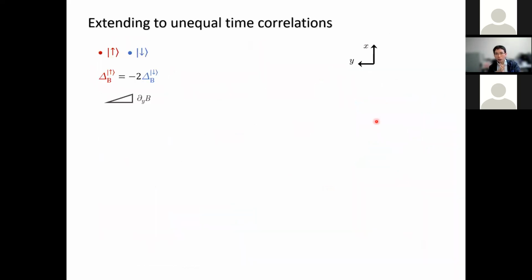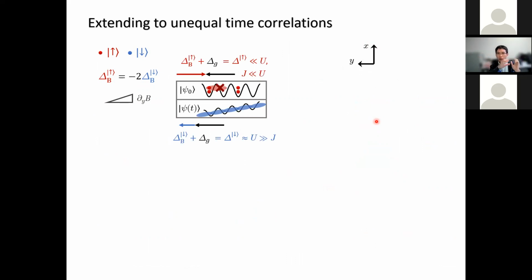And we can also extend this to look at other stuff like more general quantum overlaps, for example, this unequal time correlation. And this is by first freezing the evolution of one of the states coming into the interference. And that can be done by first doing a microwave pulse and flipping one of the chains to a different magnetic hyperfine state, which will have very different response to the magnetic field.